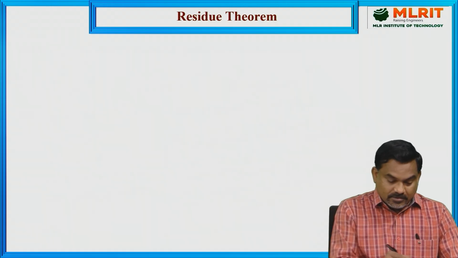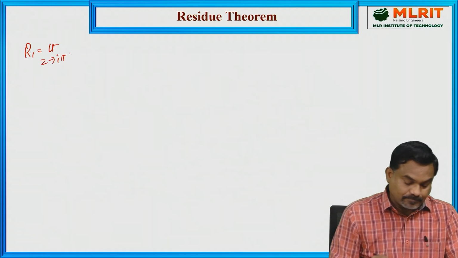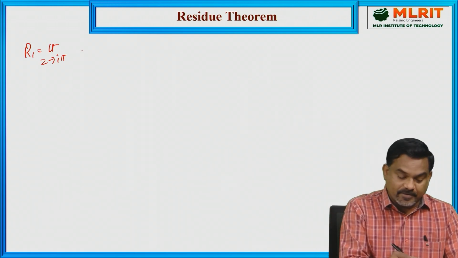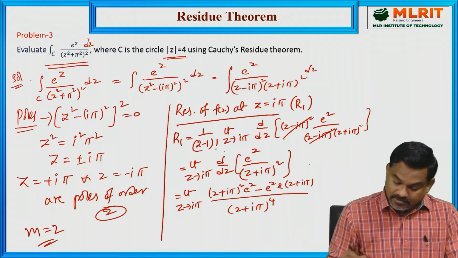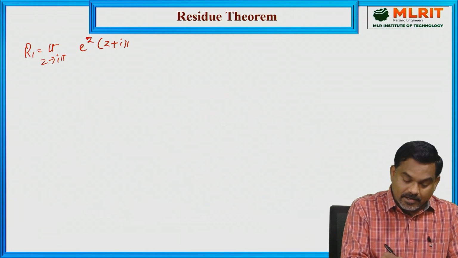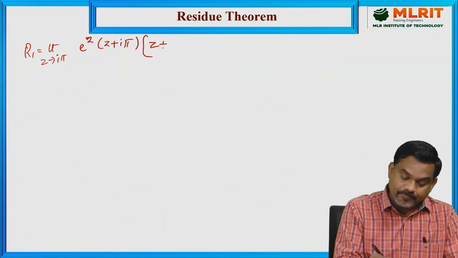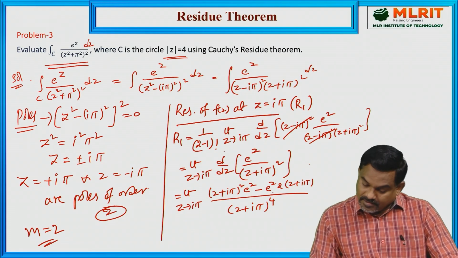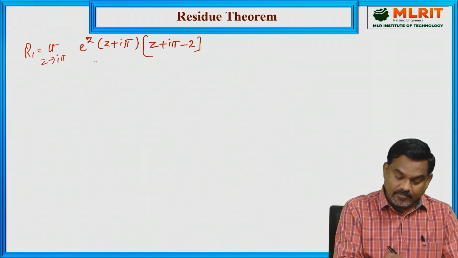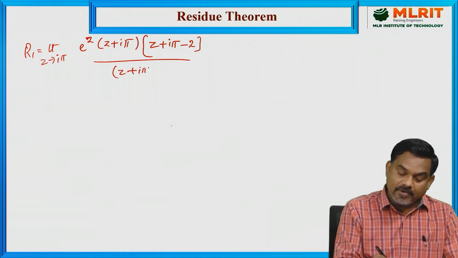Now this is equal to limit z tends to iπ. Here we can take e power z into (z plus iπ) common, and what remains in the first step? z plus iπ, then minus 2, by (z plus iπ) power 4.